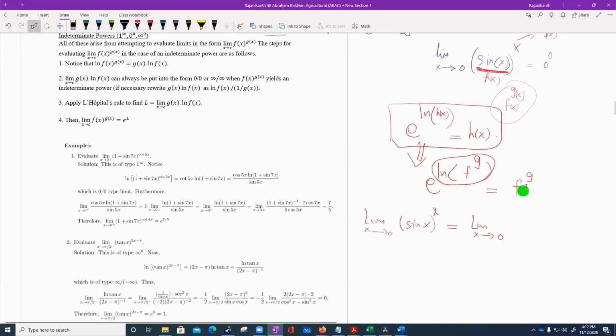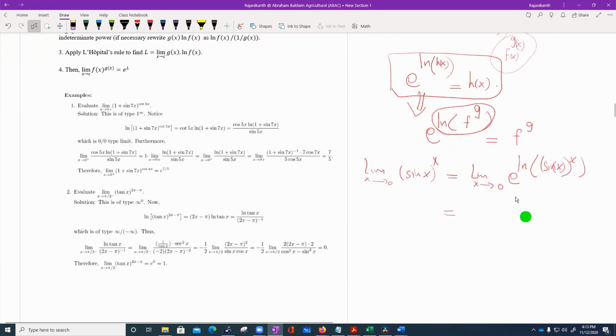But f to the power g could be written like this. So instead of these two, I'm going to replace it with e to the power ln of sine x, all to the power x. Do you see why? Yeah, because of this property. This is equal to e to the power of the limit as x goes to 0. So you could put that limit there.